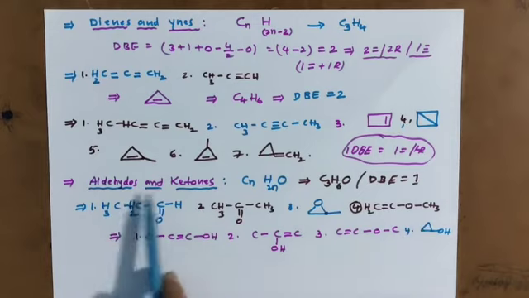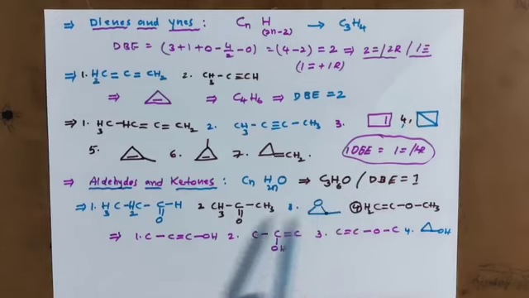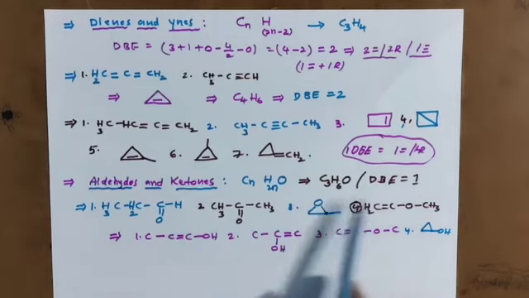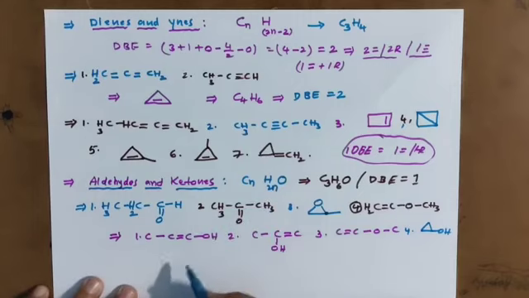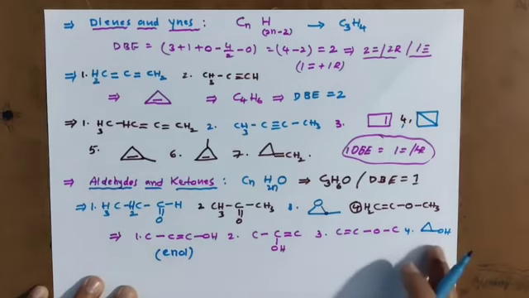This means aldehydes and ketones are functional group isomers. Here I showed already: 1 double bond or 1 ring. With this formula we can write enols also. What can we write? Enols. This is also an enol. And here we can draw an alcohol also.